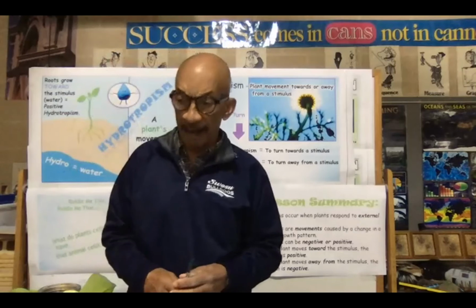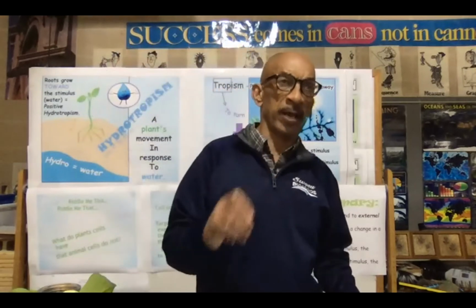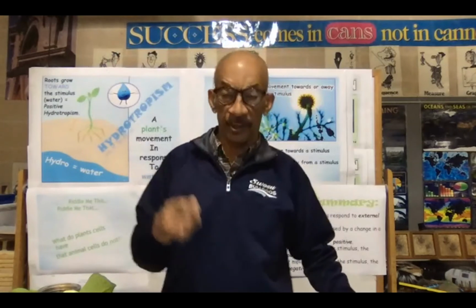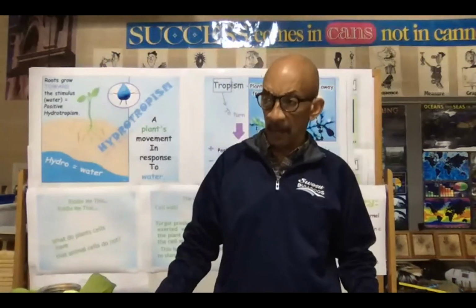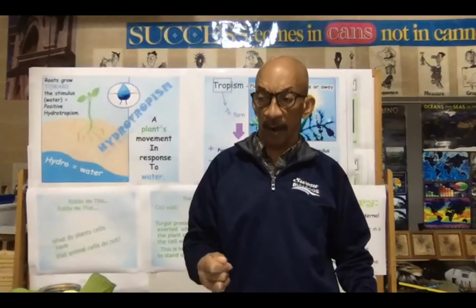Now, yesterday, I used as an example an ivy plant that I had at my house. And my wife has a watering schedule that she usually tries to follow. And evidently, she had skipped the plant and hadn't watered it for quite a while.